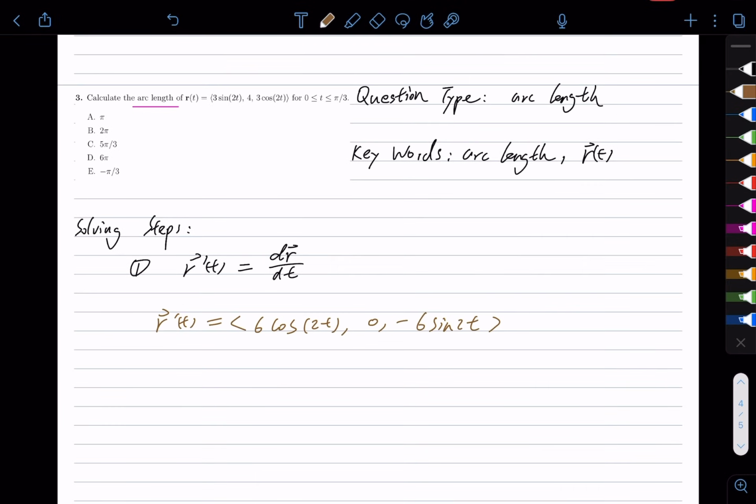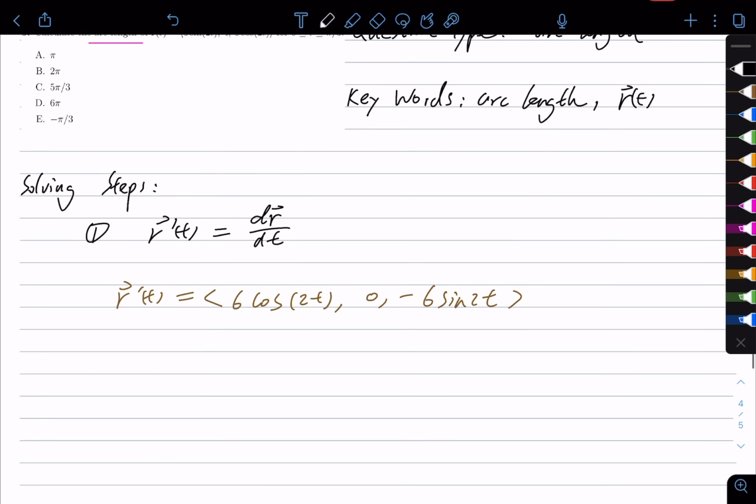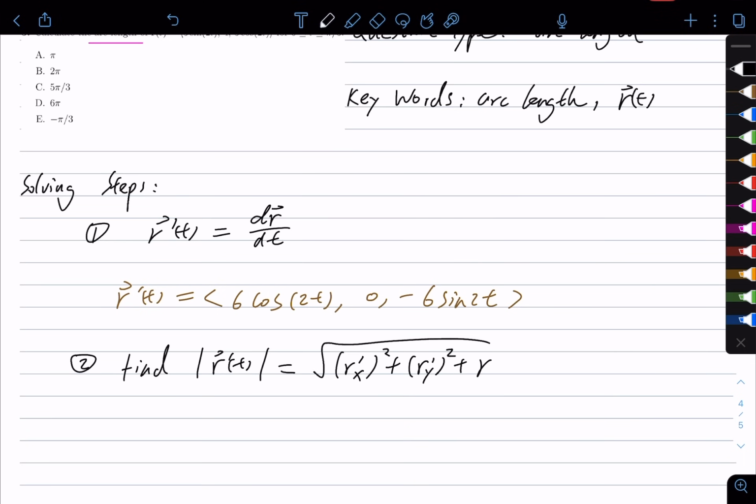Okay, so once we find r prime of t, what we're going to do next is the second step: find the magnitude of that vector r prime of t. Right, so this will give you rx prime squared plus ry prime squared plus rz prime squared.